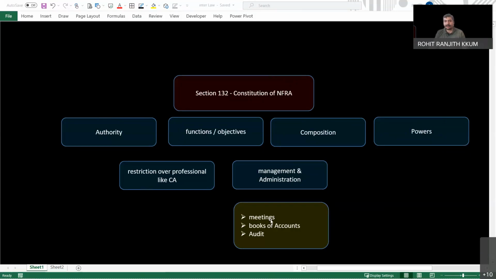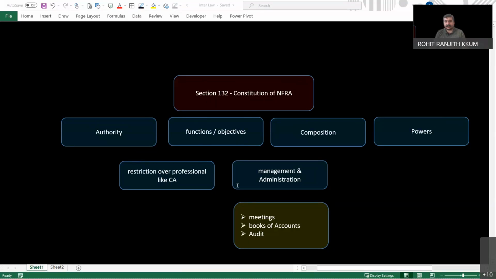But the best part is out of 15, these 4 are deleted. Omitted means it is taken back by the government. Are you able to see this? Look, subsection 6, 7, 8, and 9 have been deleted. You can see this right here in this website.